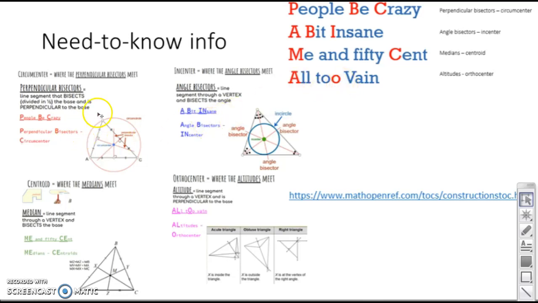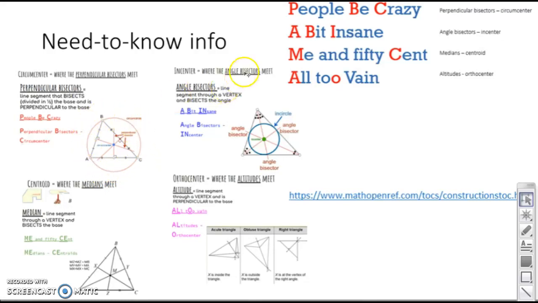And I just went ahead and threw all of this information on the board in case you wanted to look back over it. But this is just a quick review of each of those four things. So the circumcenter is where the perpendicular bisectors meet, and it's also the center of the circumscribed circle, that circle that goes through the vertices on the outside.